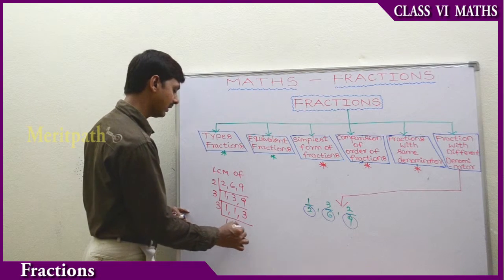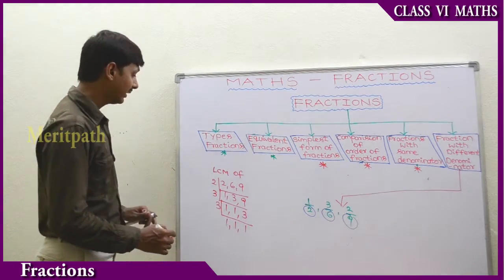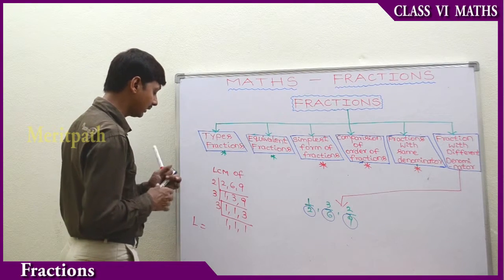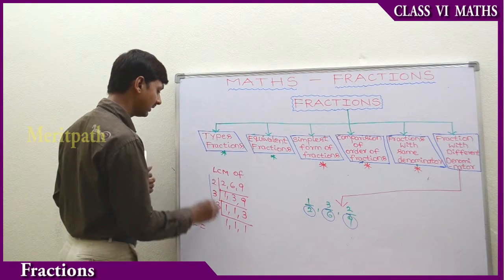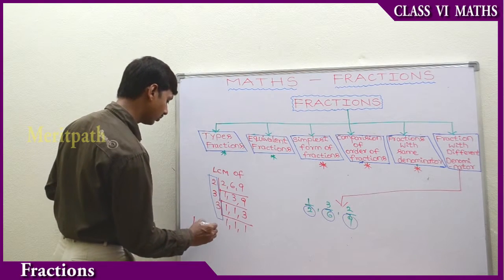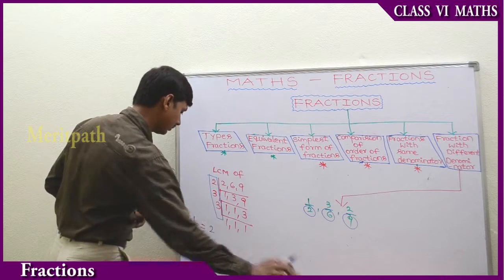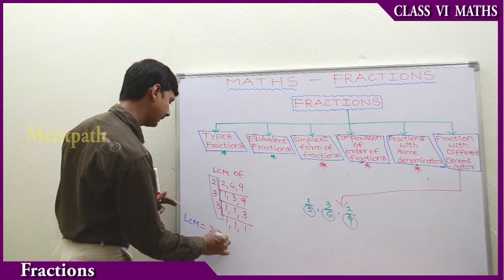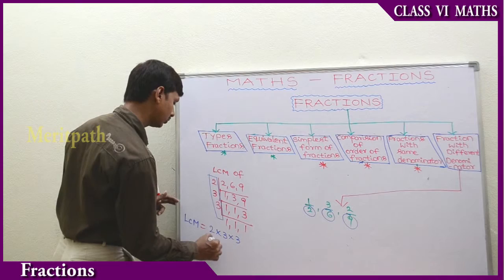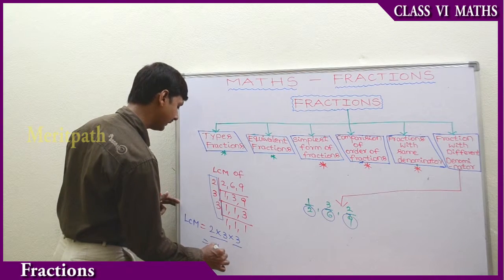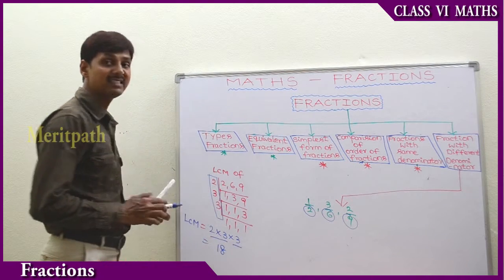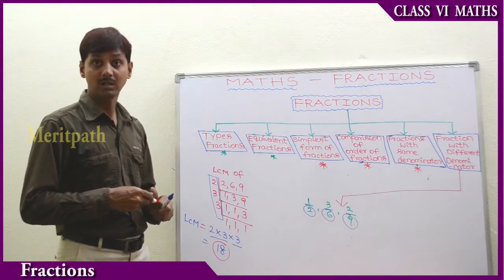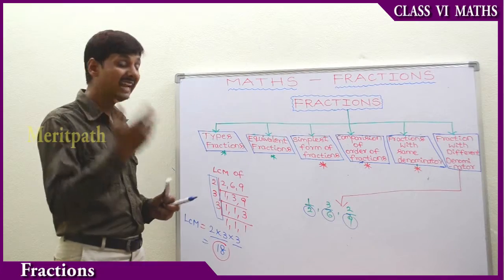So 1, 1 and 1. When we take the LCM, we multiply all these common multiples. That is 2 into 3 into 3. 2 threes are 6, 6 into 3 is 18. So 18 is the LCM of these 3 numbers. We need to get the denominator as 18.